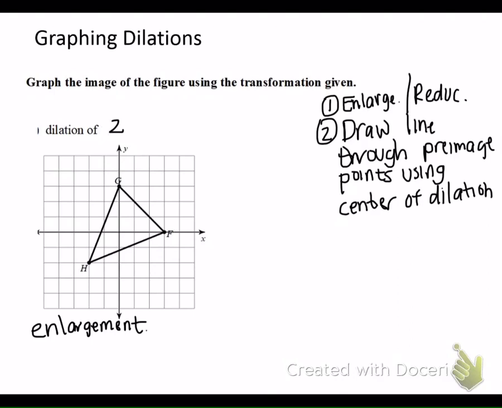Our center of dilation is always going to be at the center, so I'm going to draw lines through them. Going through G, going through F, going through H. This is going to help us scale it.